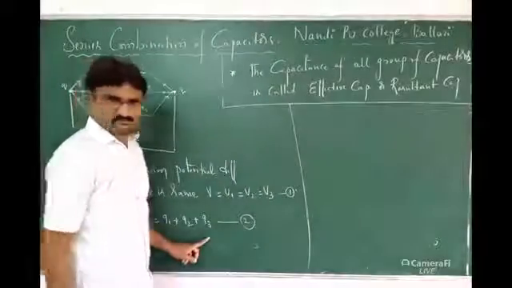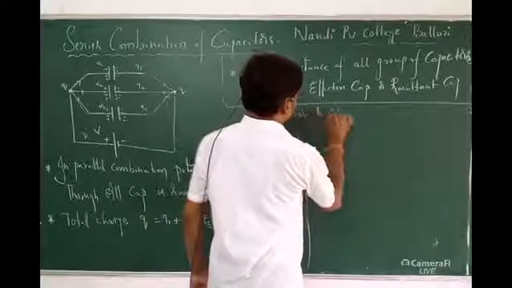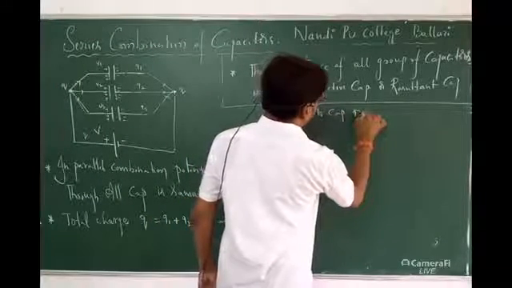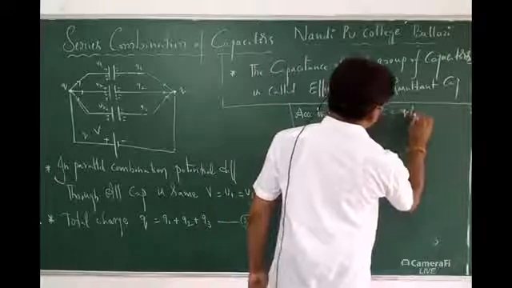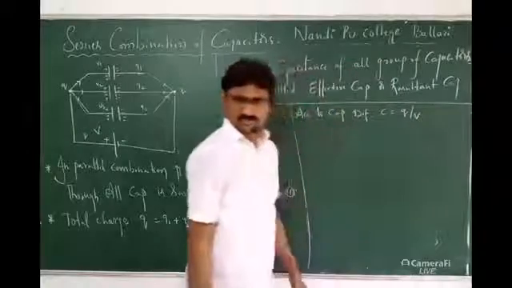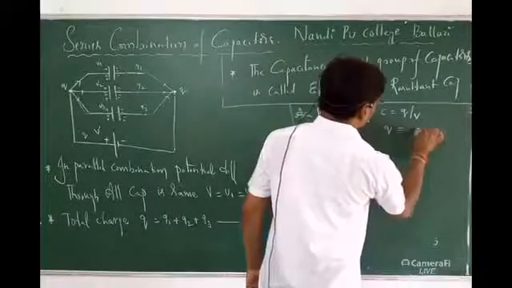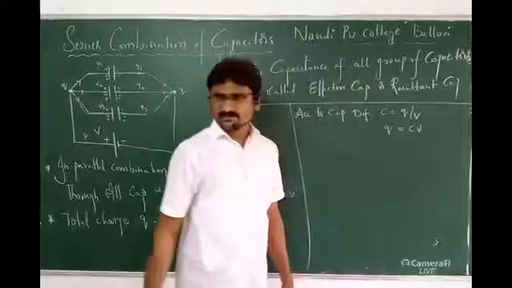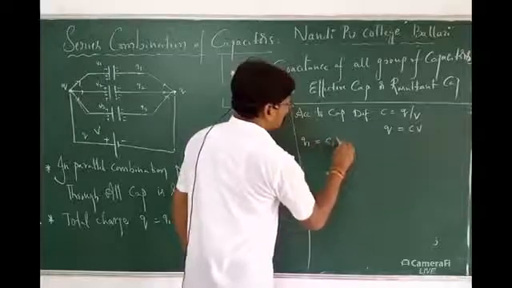Q values. According to the capacitance definition, C is equal to Q by V. What I want from this? Q is equal to CV. What I want? Q1 is equal to C1V.